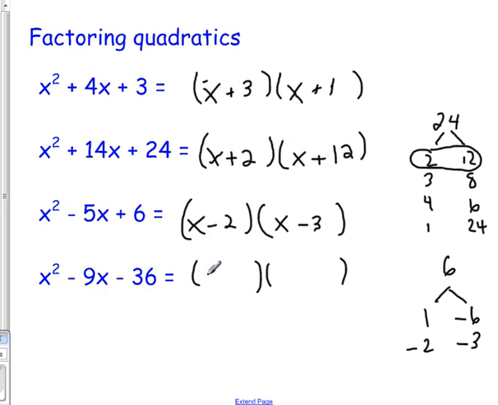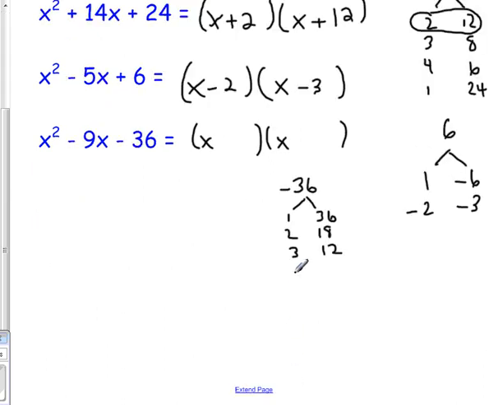Okay. And then the last example here, what did we FOIL to get this? So it's going to be x and x. And then we want to know what numbers multiply up to 36, or negative 36, I guess. And so we got 1 and 36, 2 and 18, 3 and 12, 4 and 9, 6 and 6, and that's pretty much it.